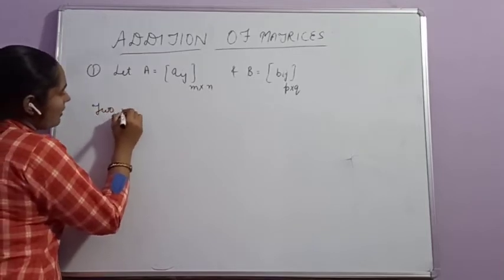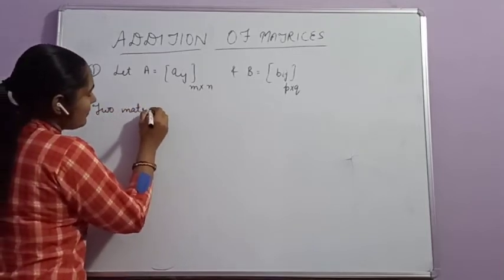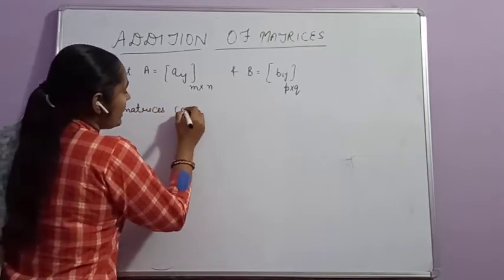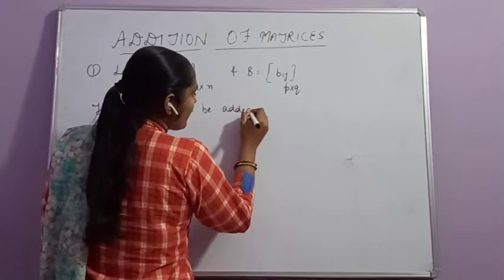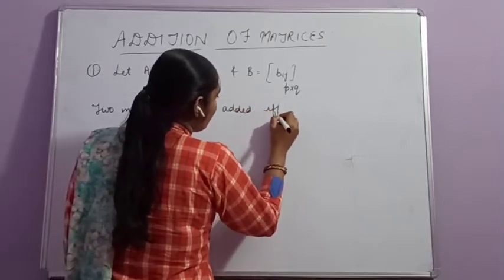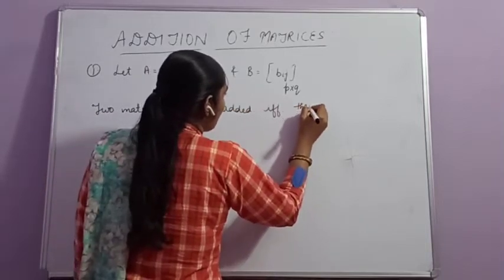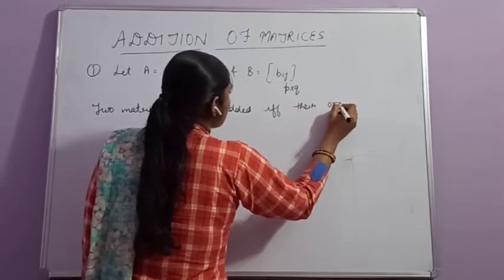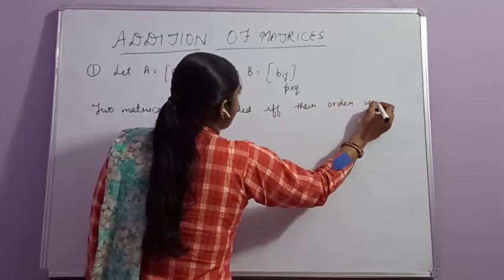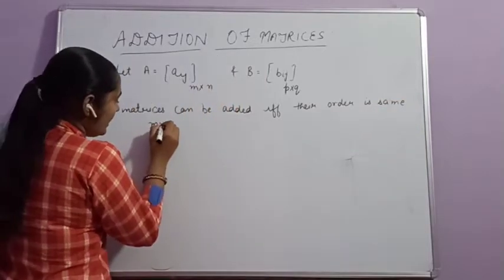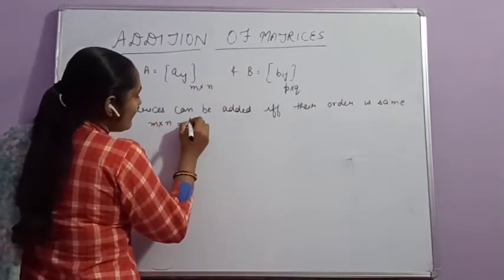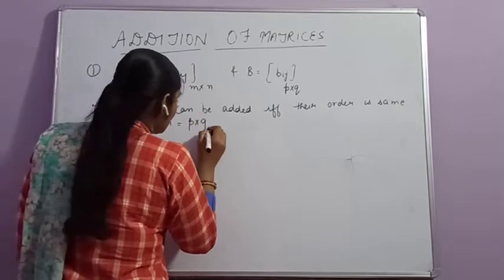Two matrices can be added if and only if their order is same. If their order is same, then their corresponding elements are added to corresponding elements.